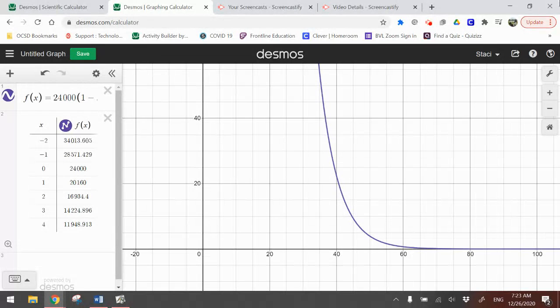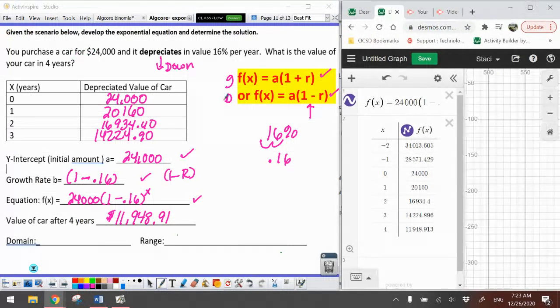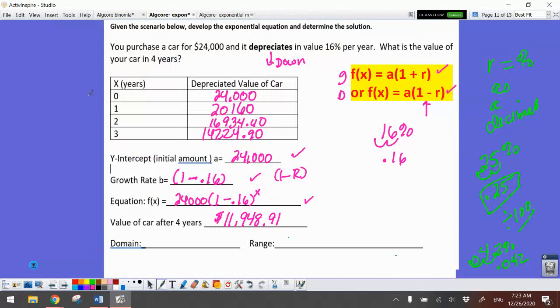No. So this actually starts, if you take a look at my graph, my table, my x values started at 0. And it increased. So my domain this time is real numbers greater than 0. Greater than 0 because I started at 0.